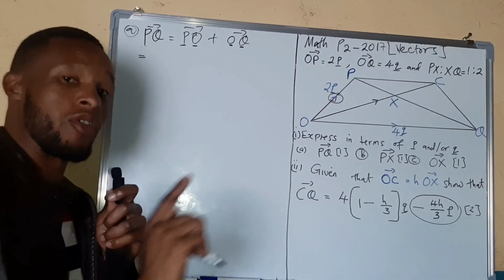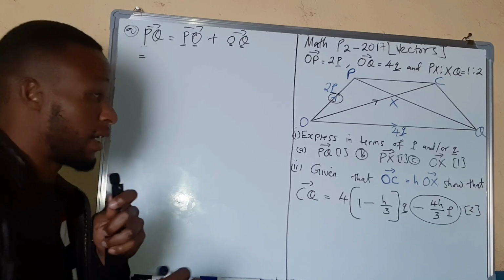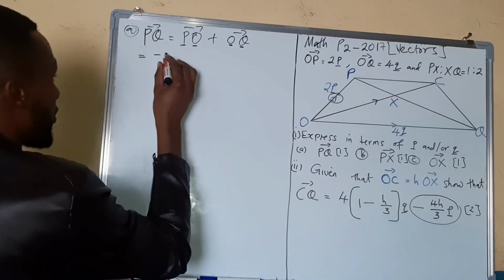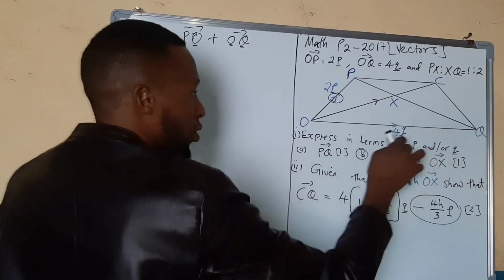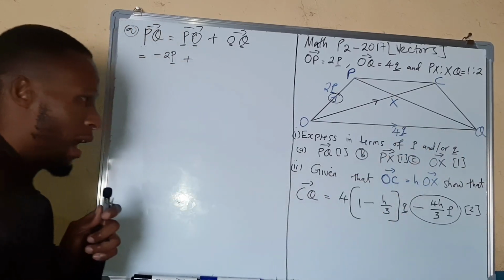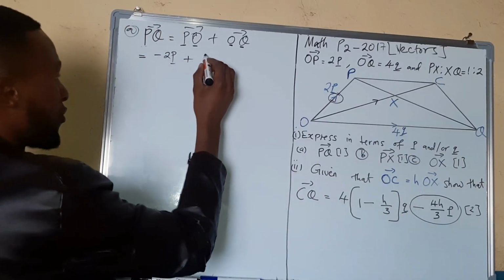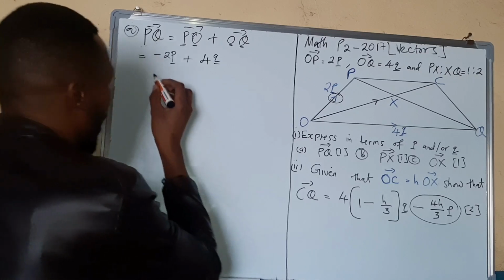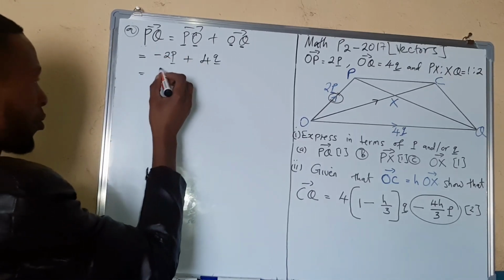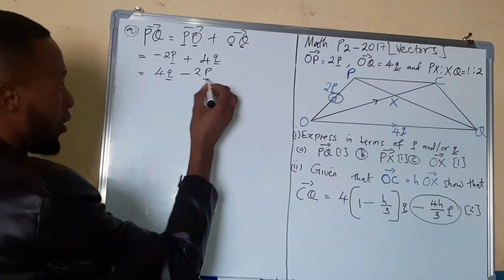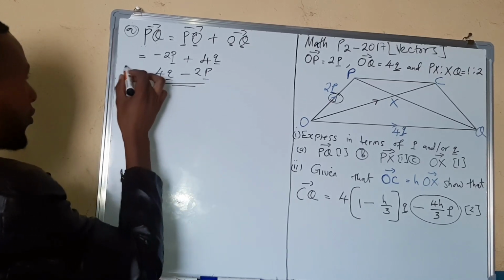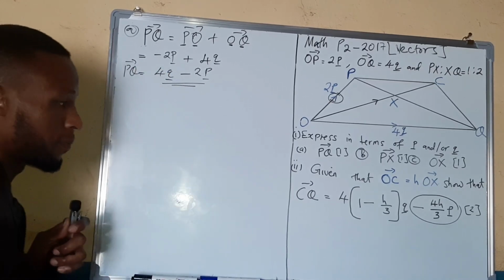Always when you're going against the arrow, introduce a negative. So it will be negative 2P, then plus OQ, which goes in the same direction as the arrow, so positive 4Q. Interchanging, it is 4Q minus 2P. This is the value for vector PQ.